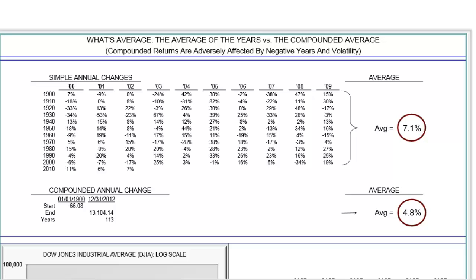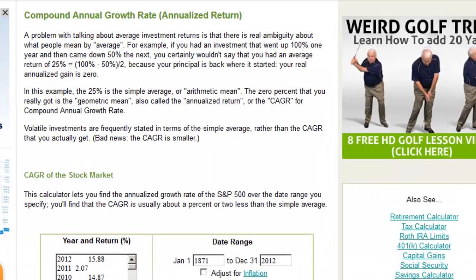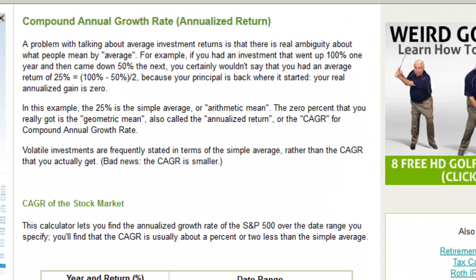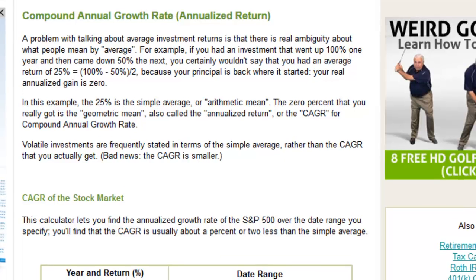Be sure to go to the Resource Center and read the article debunking the myth of the 8% return. This is a Money Chimp website. This is the same illustration that I gave you in the very first part of the video with a 25% simple return, 100 plus 100 minus 50 minus 50.